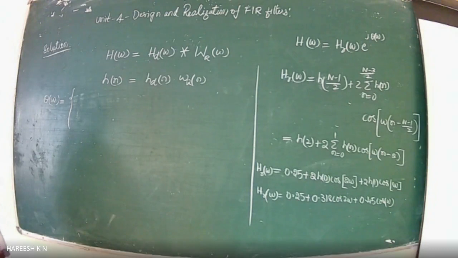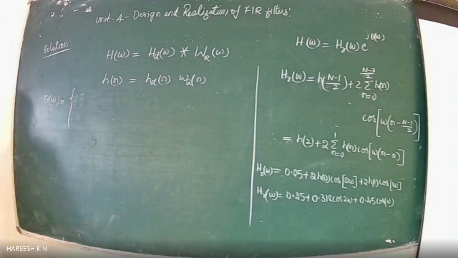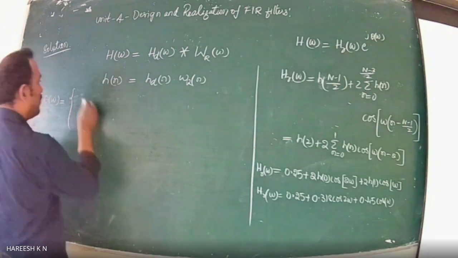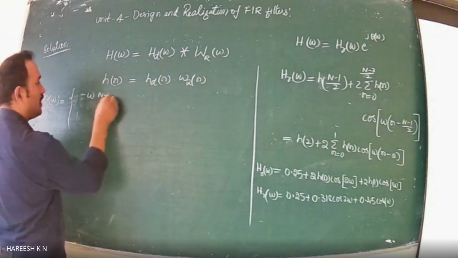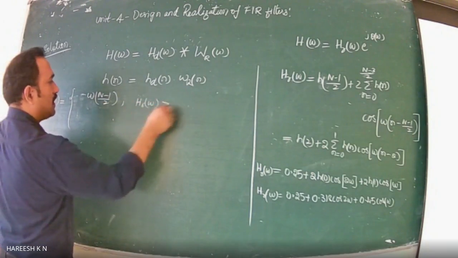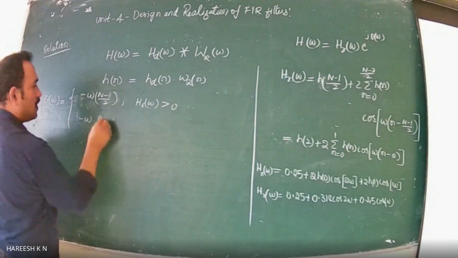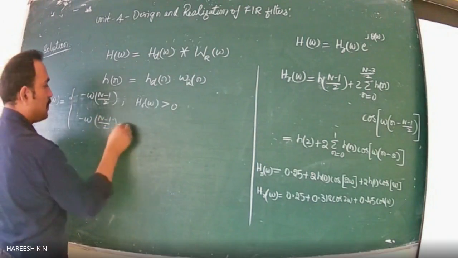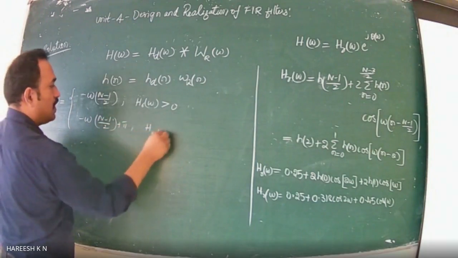And theta of omega, what will the theta take up? Theta expression will be, for greater than 0, it is minus omega n minus 1 divided by 2. We have that expression minus omega of n minus 1 divided by 2 for HR of omega greater than 0, and it is minus omega n minus 1 divided by 2 plus pi for HR of omega less than 0.